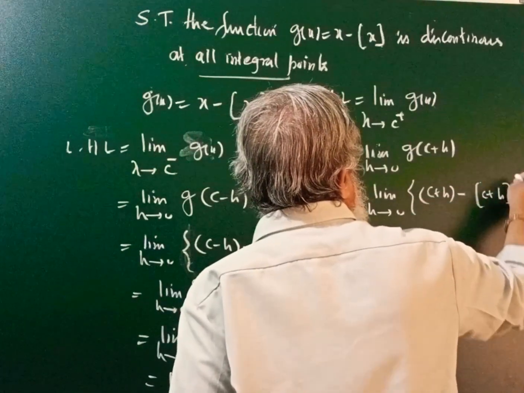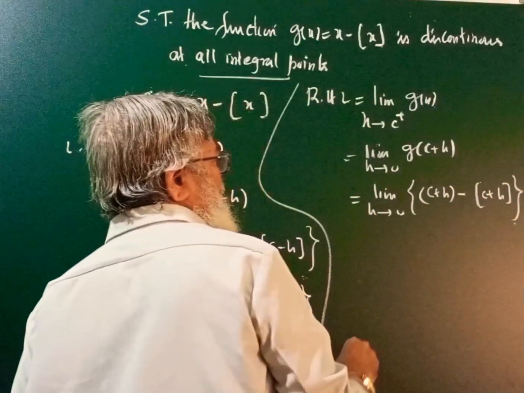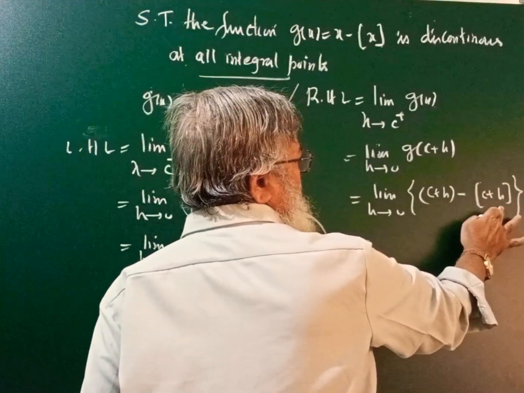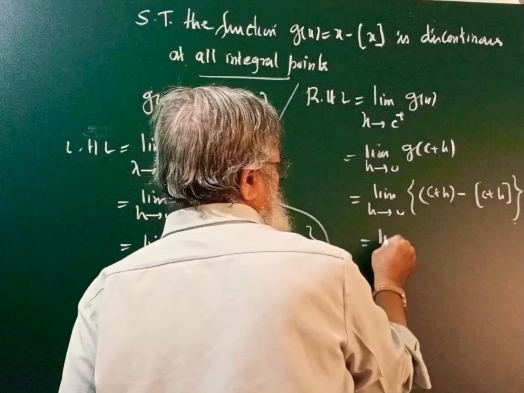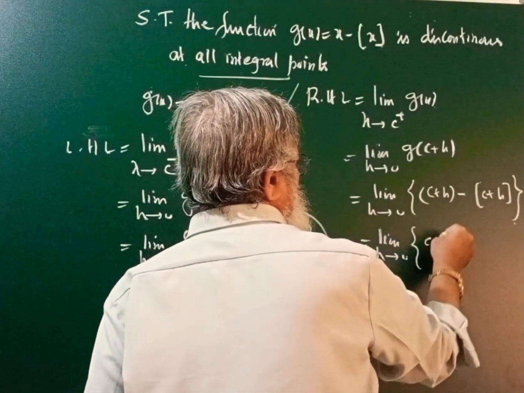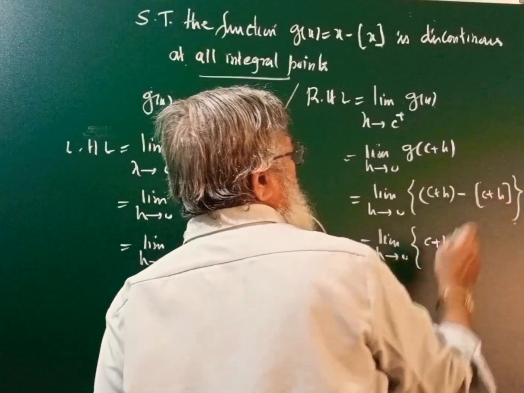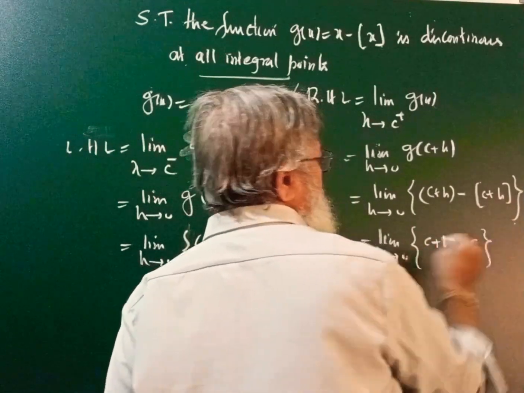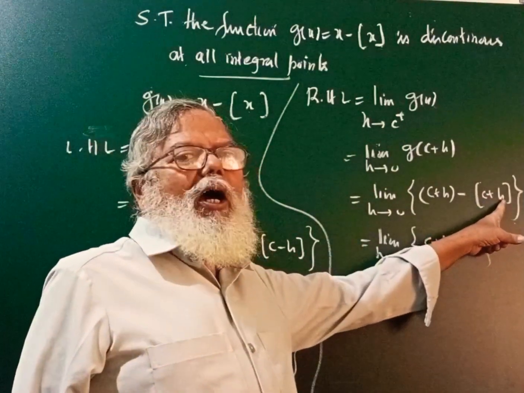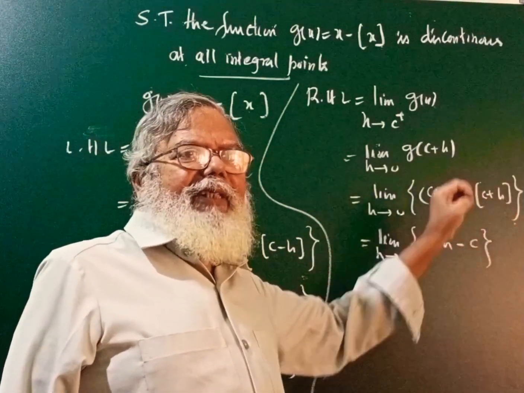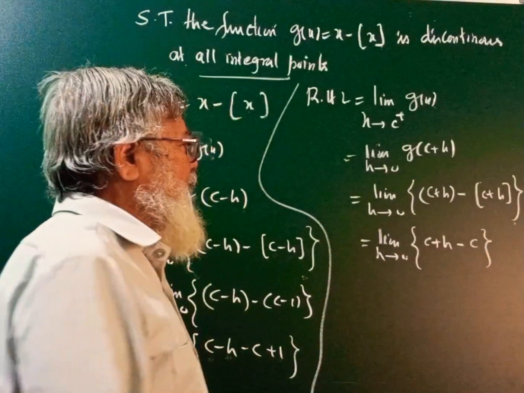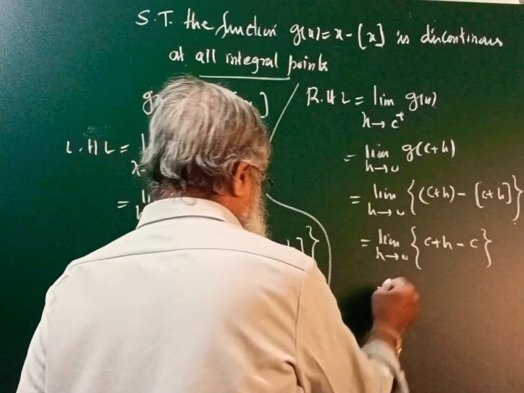Now we should be very careful about writing the value of this greatest integer function. The value of this will be c only. Why? Because you are adding a very small quantity to c, and c is an integer, so the value will be c only. So c minus c get cancelled, h tends to 0, and the answer is 0.